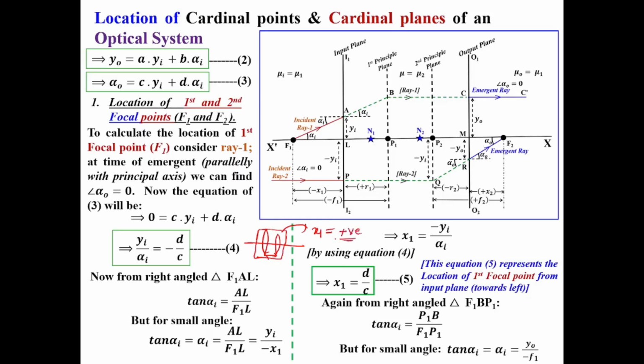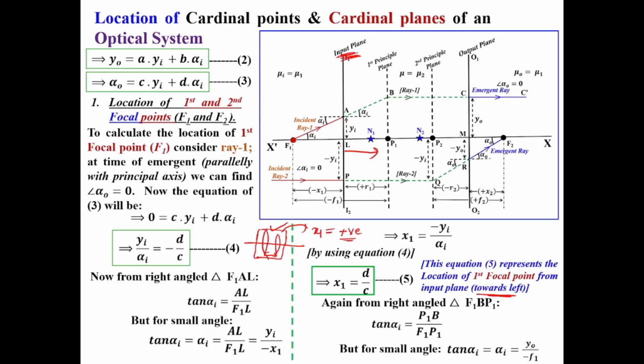That means we have to consider x1 towards the right of the input plane, but in this figure particularly, f1 is situated left of the input plane. So only for that I have written towards left.